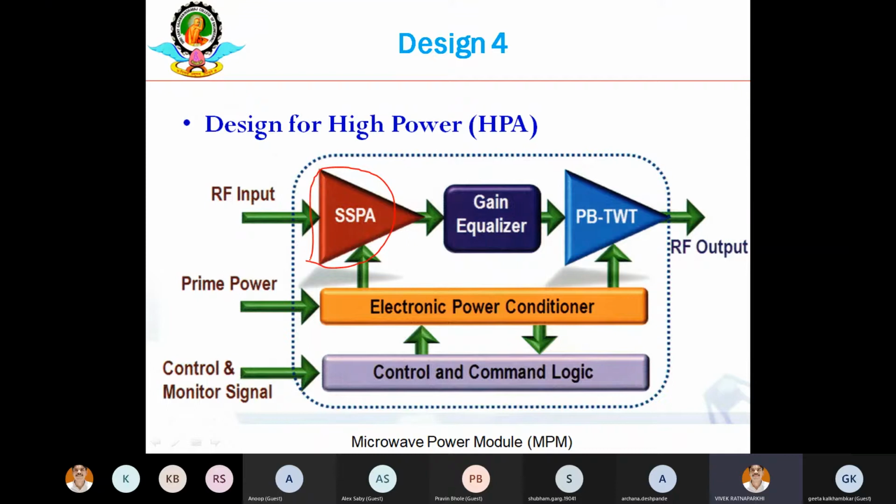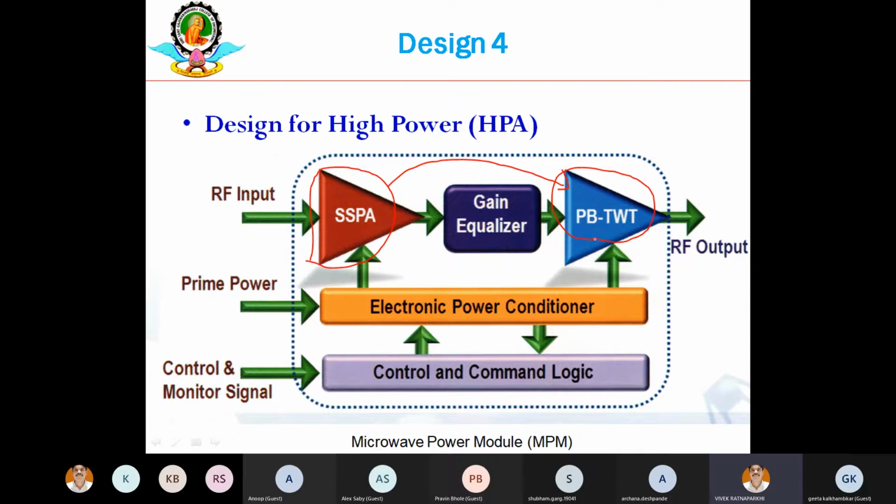But one of our participants, I think Santosh, was trying to design some amplifiers using vacuum tubes. So they are always there, but in today's era we have a lot of solid state power amplifiers which are trying to replace these conventional microwave tubes.